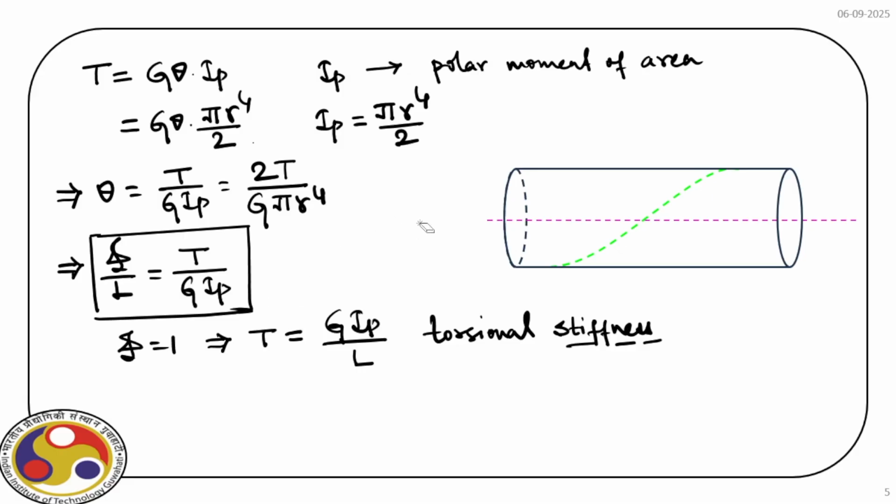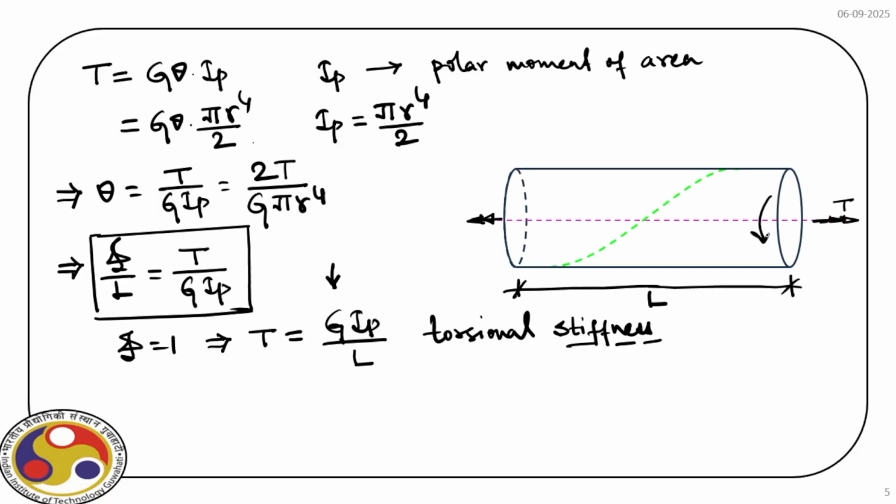Now, this expression is extremely important because we can use this expression to find out the value of capital G. If you take a circular shaft of length say L, and then if you apply a torque T at the end, so that is T, then what we can do, we can measure the angle of rotation, right?